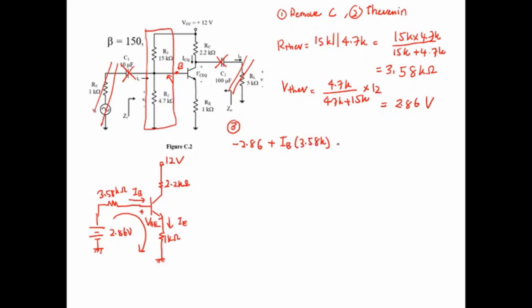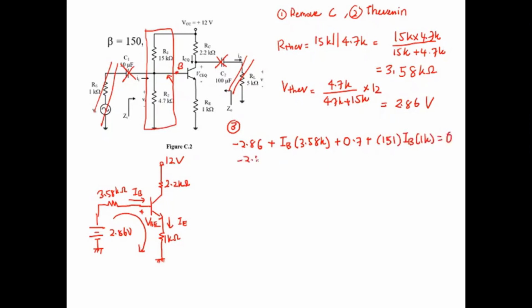So minus 2.86 plus the current at this Thevenin resistor, IB times 3.58K, and then we have VBE is 0.7, and then the voltage drop at 1K. That is IE times 1 kilo ohm, but IE can be related to the base current by beta plus 1 times IB. Beta is 150, so we have 151 IB times 1K, equal to 0.